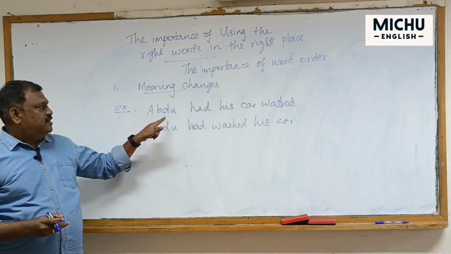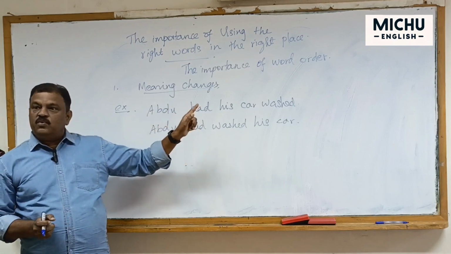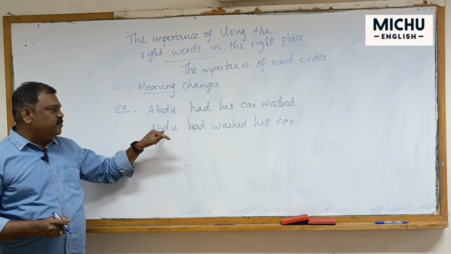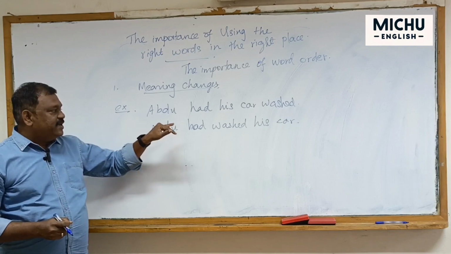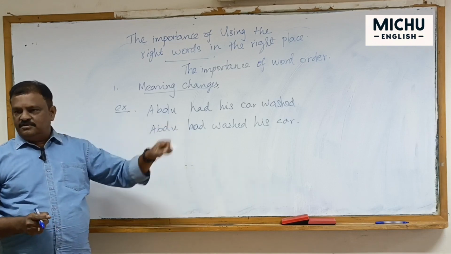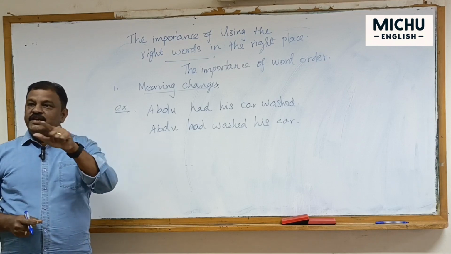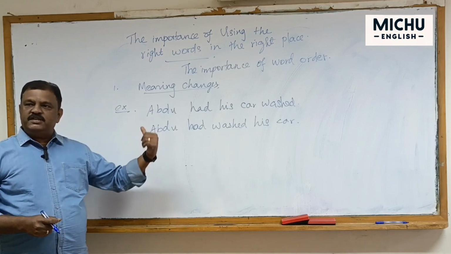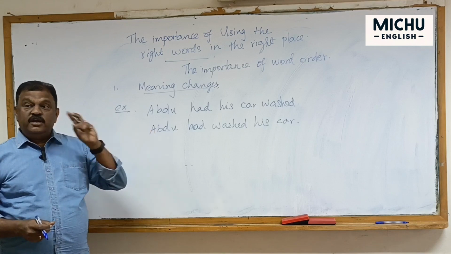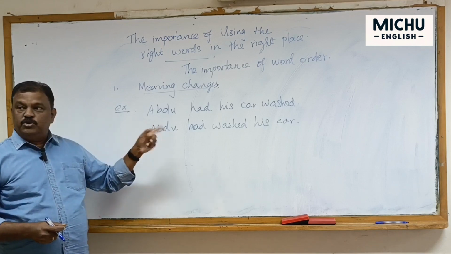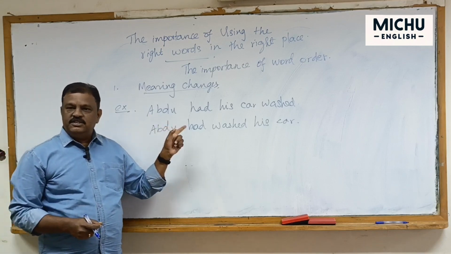First way of writing, Abdu had his car washed. Second way of writing, Abdu had washed his car. Can anyone say what's the difference between these two sentences? We are using the same words in both the sentences.